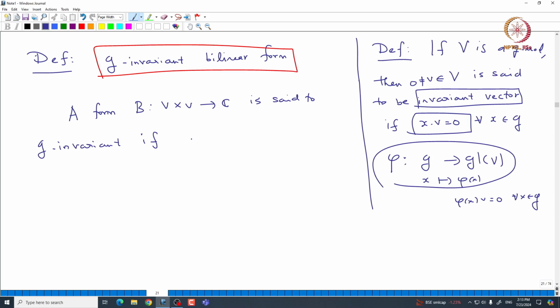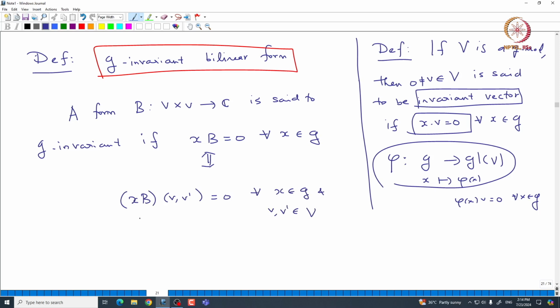If we rewrite that, it means X dot B should be 0 for all X in G. This is if and only if X dot B, when you apply it on V, V dash, is 0 for all X in G and V, V dash in capital V. This can be rewritten as minus B of X V, V dash plus B of V, X V dash, and this quantity should be 0.